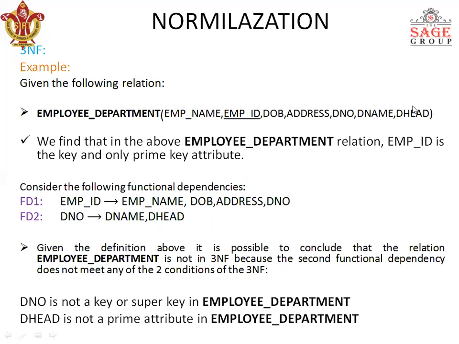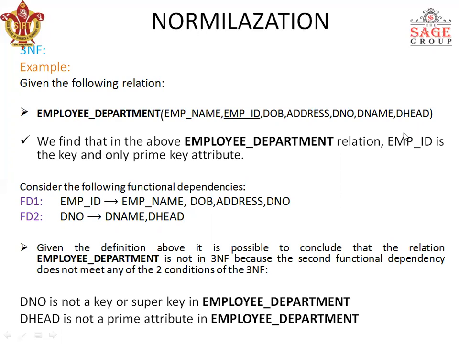So there is a kind of transitive dependency that exists: with the help of employee ID, we can identify department number. With the help of department number, we can easily identify department head, and with the help of employee ID also, we can identify department head. So there is a transitive dependency.